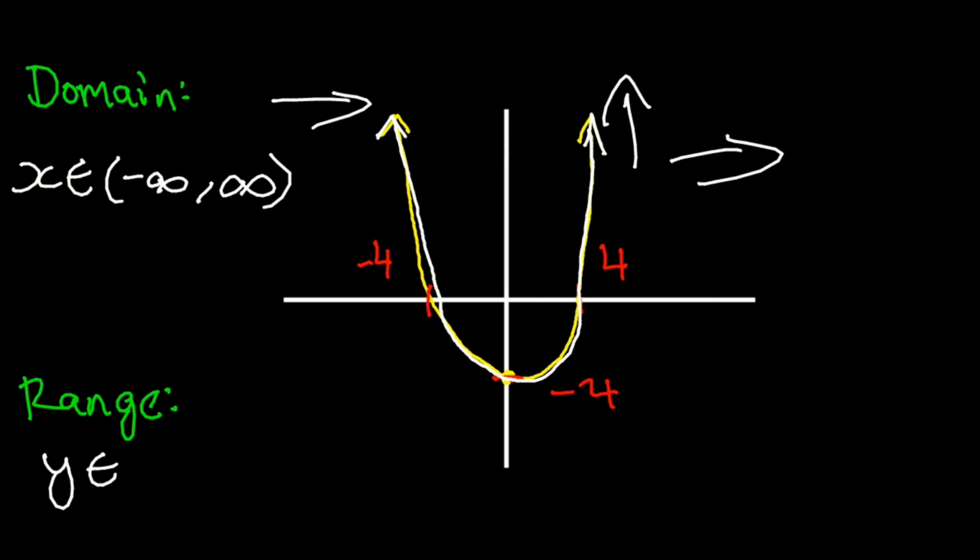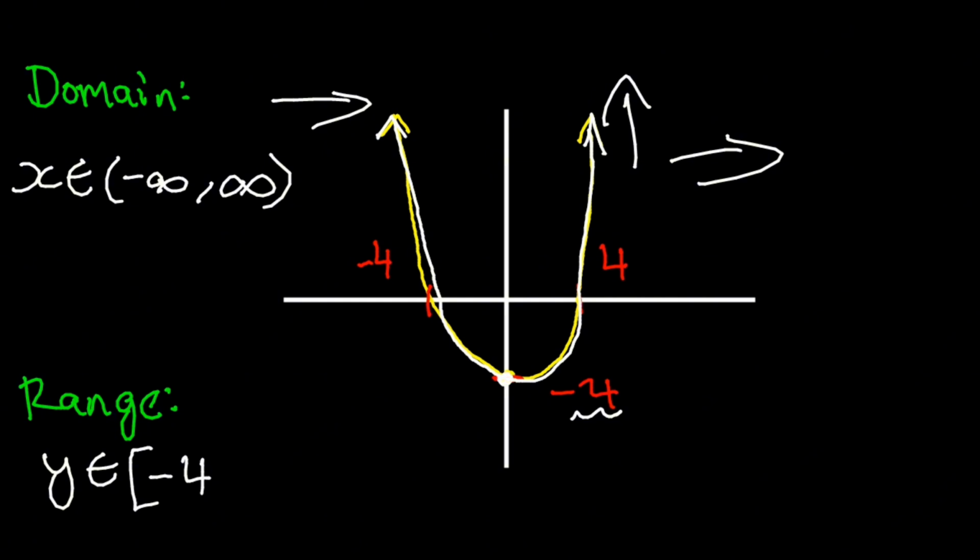But for the range it's different. There's no arrows going this way down to the bottom. So we can see that the lowest y value is going to be -4. It starts here. So we're going to go from -4. This time we're using square brackets. These sharp ones, the brackets.